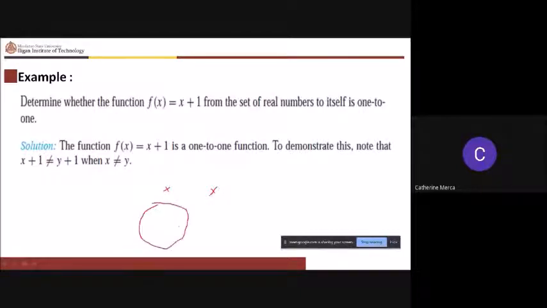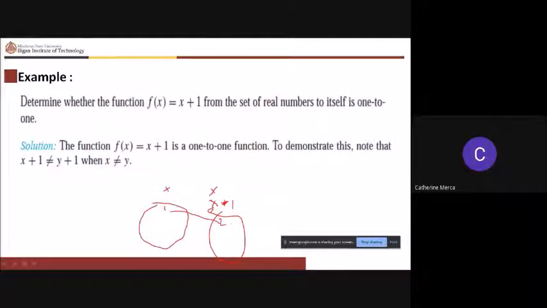So, if we have 1 here, ang y man ninyo kay x plus 1, di ba? X plus 1. So, 1 is mapped to 2.